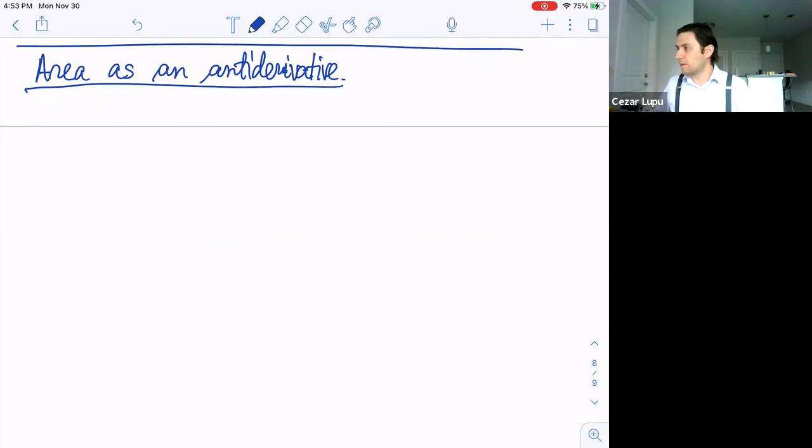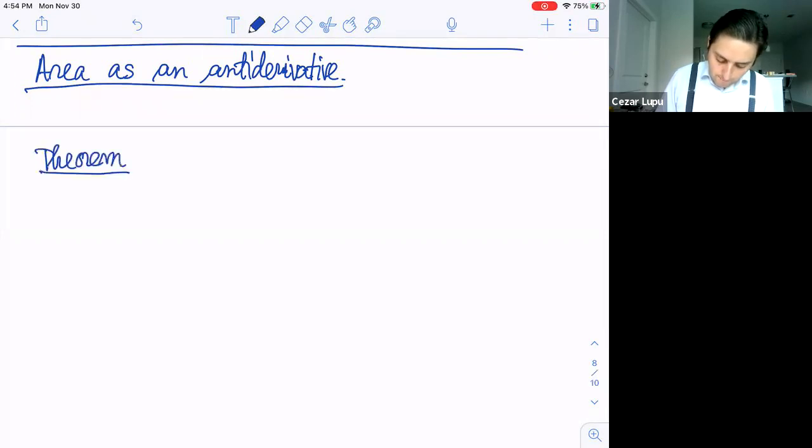So let's look at it. Let me directly say that we have the following theorem. And this theorem concerns, just like I said, the area as an antiderivative.